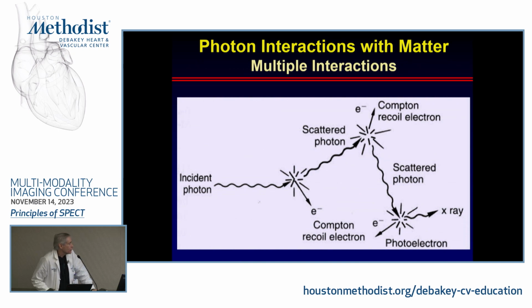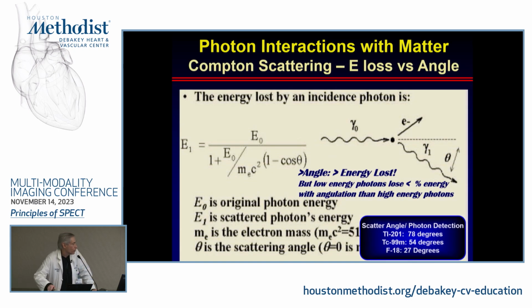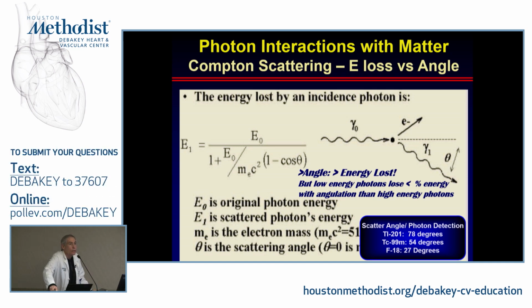And that actually leads to additional problems, because that means that with thallium, you could actually have a 78 degree scatter of a photon, and because it still hasn't lost enough energy, it will be counted in the camera image detection system. So that's a real problem, whereas with technetium it's down to 54 degrees, and with very high energy photons like F-18 it's down to 27 degrees, where they're eliminated because they've lost too much energy.